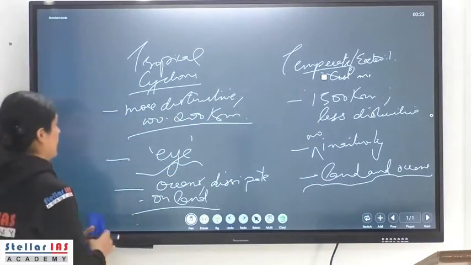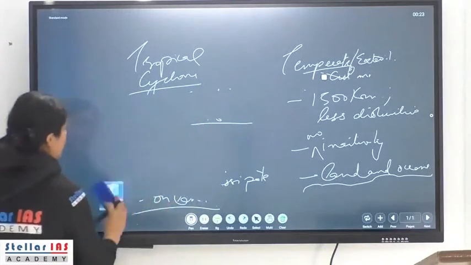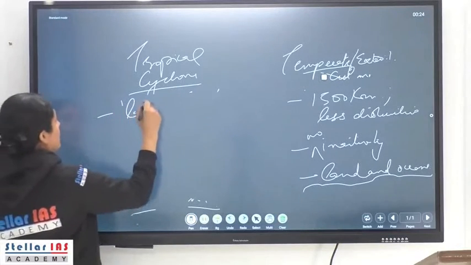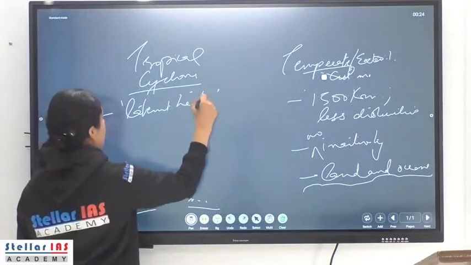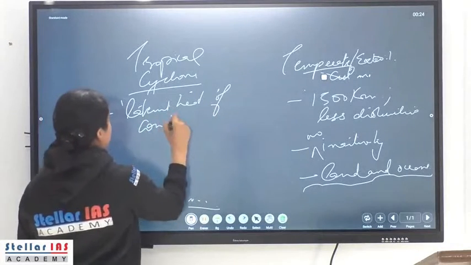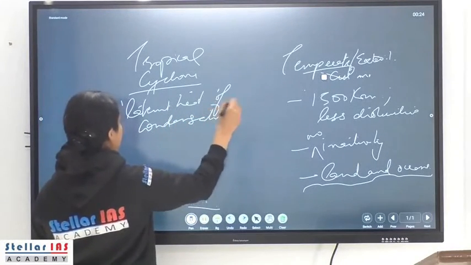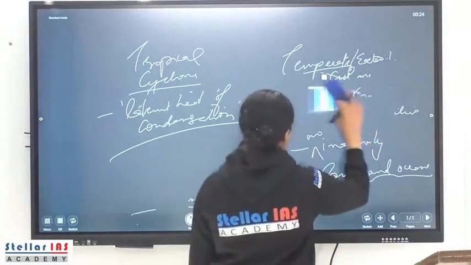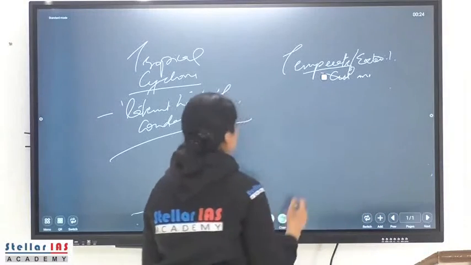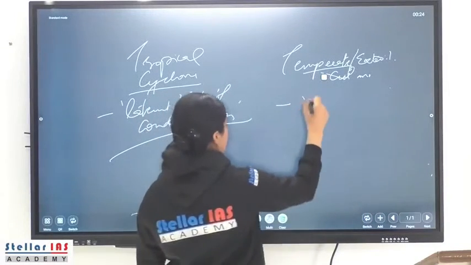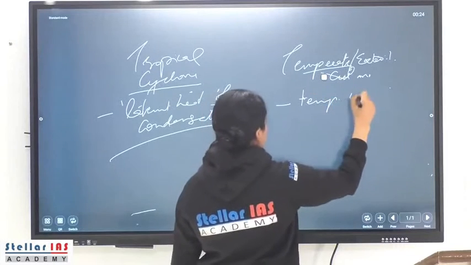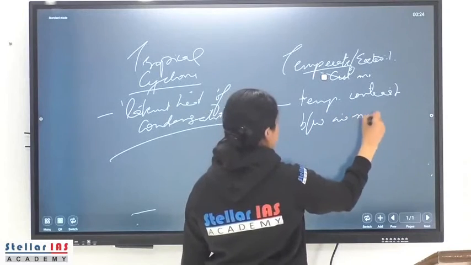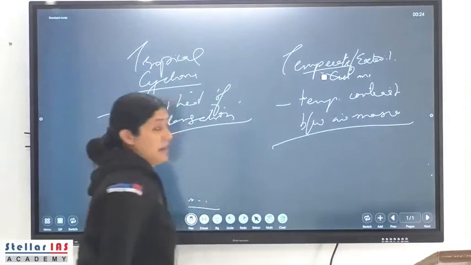right? Next important difference is the tropical cyclones, they derive their energy from the latent heat of condensation, like a piston. They derive their energy from latent heat of condensation, whereas temperate or extratropical cyclones, their strength depends upon the temperature contrast between the involved air masses or temperature difference between the air masses, right?